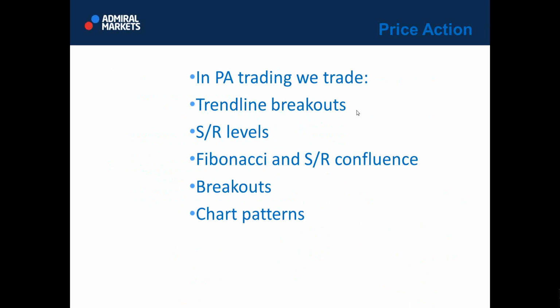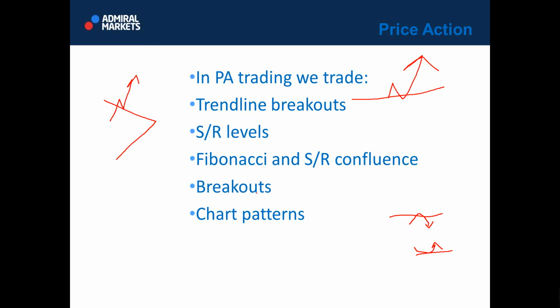In price action we trade trend line breakouts, or let's say chart pattern breakouts, and support resistance levels: selling into resistance, or buying into support, which in other words is counter trend trading.